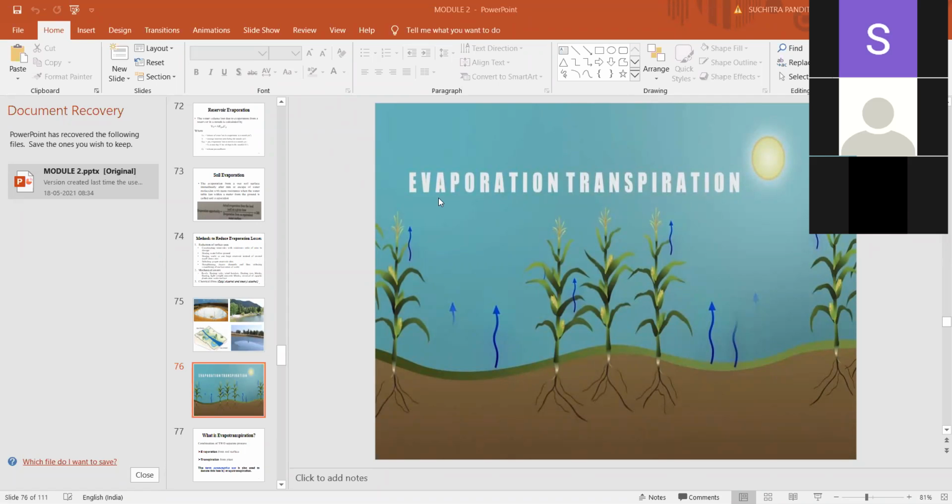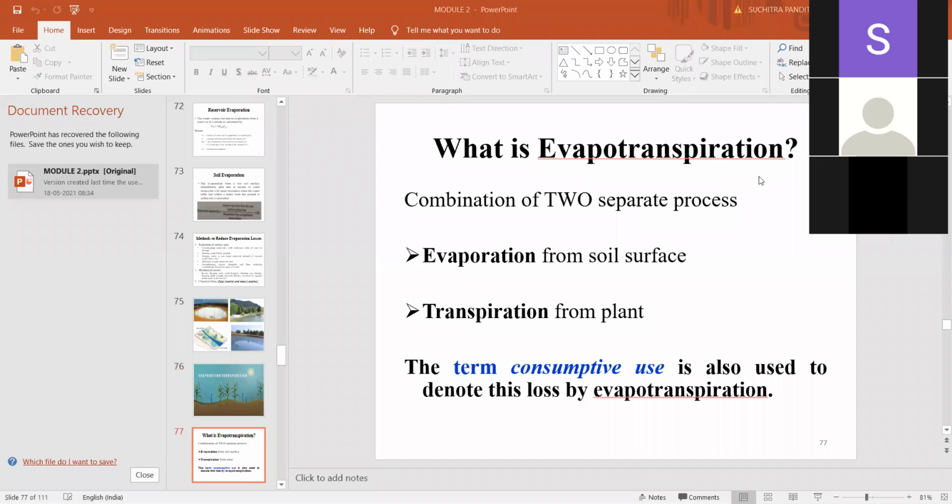So evapotranspiration loss is nothing but evaporation from the irrigated crop land and the transpiration from the plant leaves. Both put together is called evapotranspiration. So what is evapotranspiration?